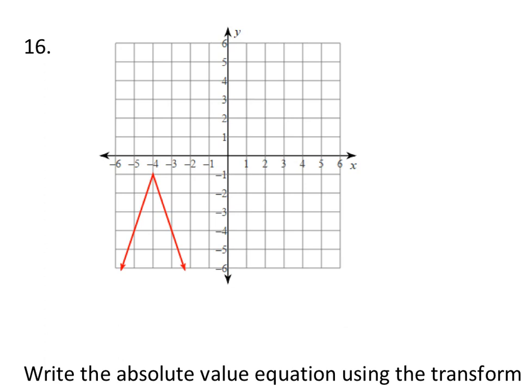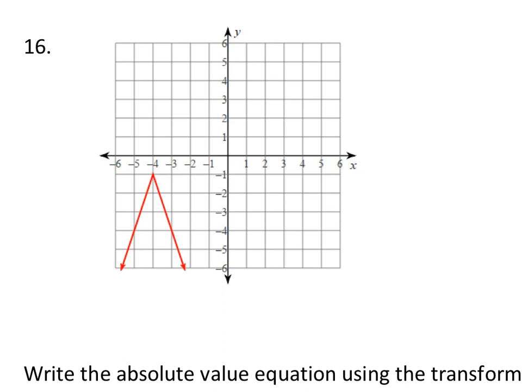Okay, so for problem 16, you are required to write an equation for this graph. So this is a transformed absolute value graph. So we can start with the parent function, which is f of x equals the absolute value of x.